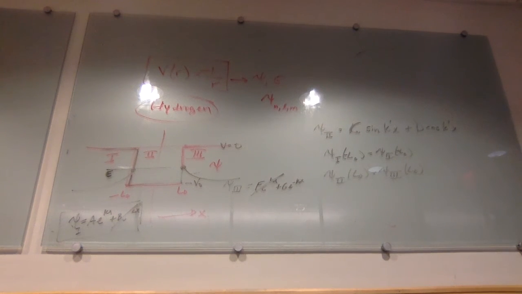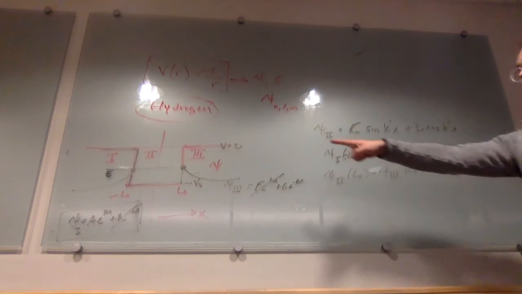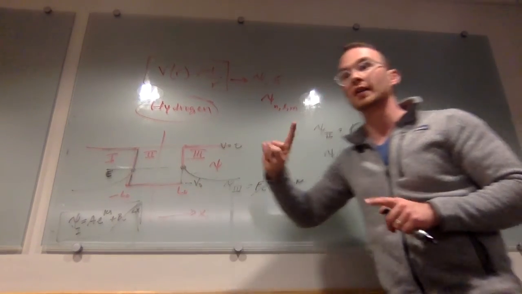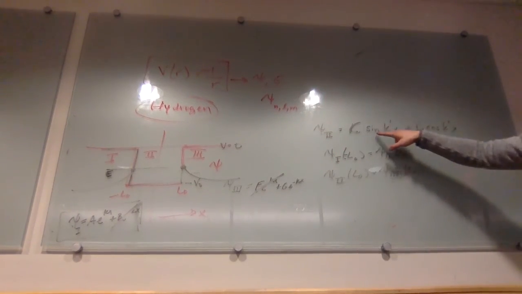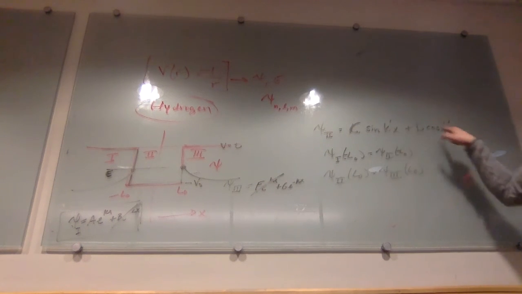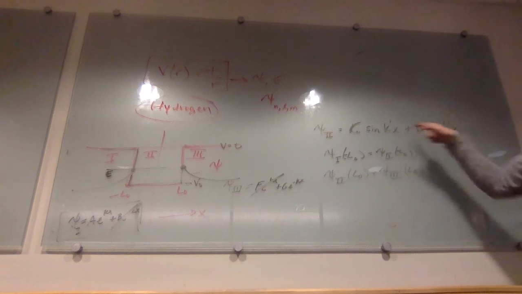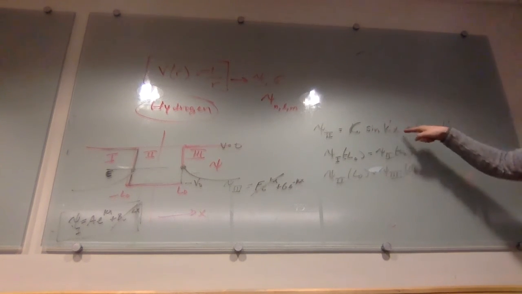Now, I don't want to do them all because it's just excruciatingly annoying. Remember before when I did the problem, I set one side to be at 0. That's very nice because when we plug in 0, this goes away, and some of these trig functions become much simpler. When we plug in L naught, nothing becomes simpler. You get a crazy looking thing with constants.